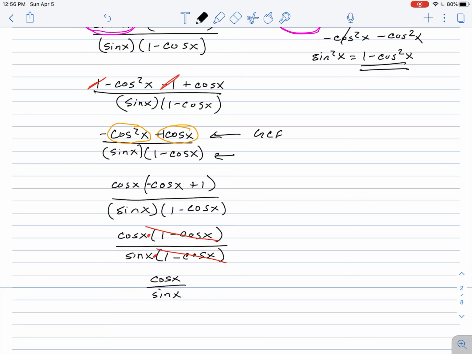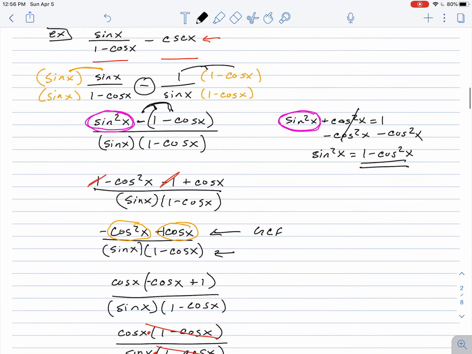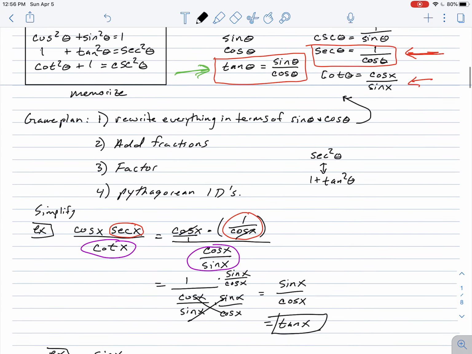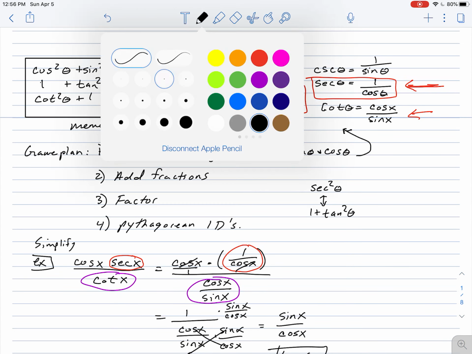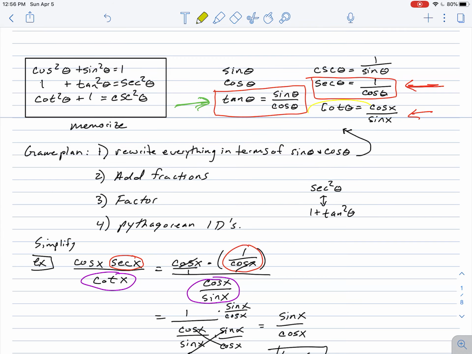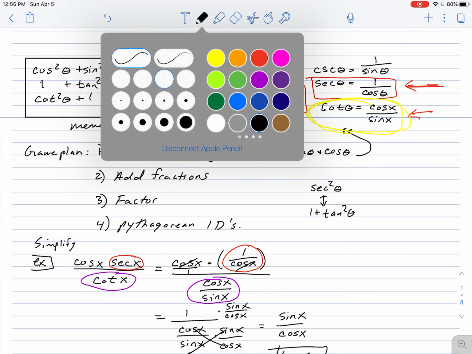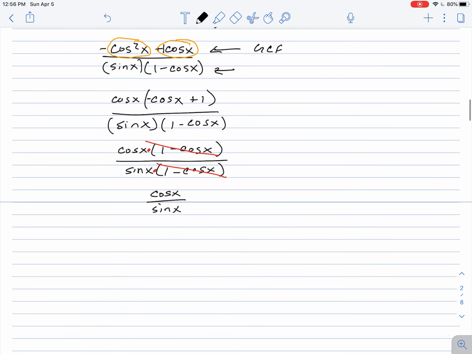And that's better known as, I'm going to scroll up here and look at my trig functions. Let's see, cosine over sine right here, that's cotangent. So that means this is going to be cotangent x. And that was the magic I was waiting for to happen.